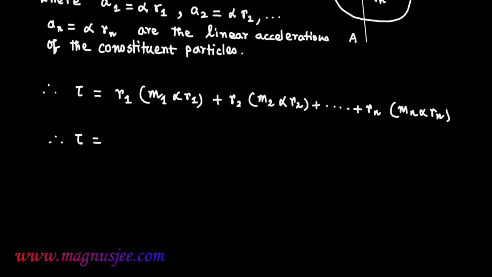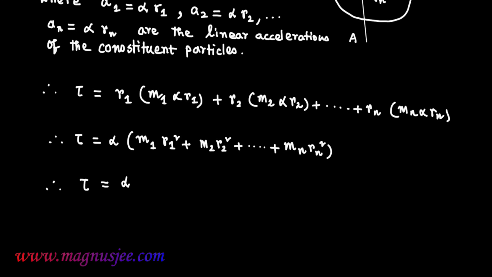Now we can take alpha common. Therefore tau equal alpha times M1 R1 square plus M2 R2 square plus Mn Rn square. Therefore tau equal alpha I, where the term in brackets is denoted by I, I equal M1 R1 square plus M2 R2 square plus Mn Rn square.